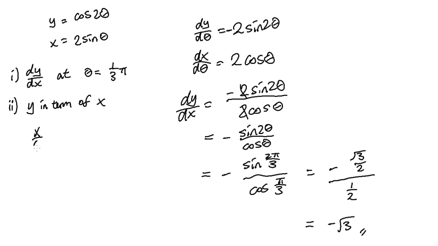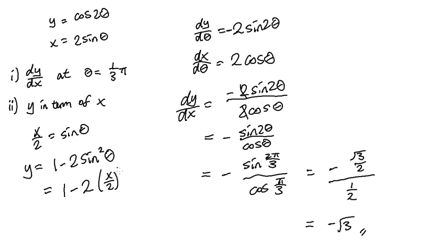So x over 2 is sine theta, and y is equal to cos 2 theta, which using the double angle formulas is 1 minus 2 sine squared theta, which means that sine squared theta is x over 2 squared, so y is 1 minus x squared over 2, and that is probably good enough. And yeah, we're done with this question.